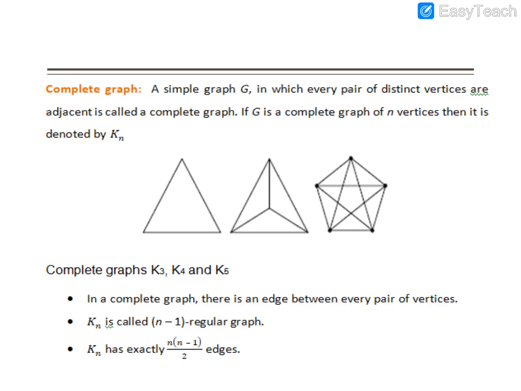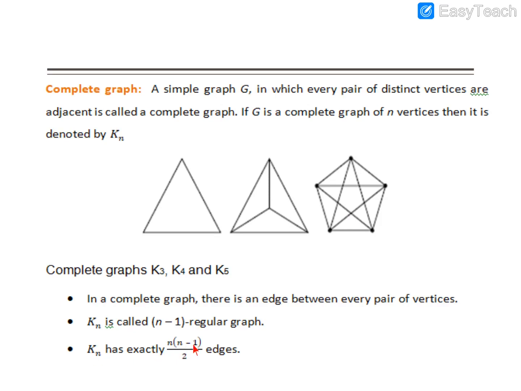As these graphs have n vertices, it is an n-1 regular graph, because the first graph, denoted by K3, has each vertex of degree 2. Therefore it is a 2 regular graph. The next graph is a 3 regular graph because each vertex is of degree 3, and this one is a 4 regular graph because each vertex is of degree 4.